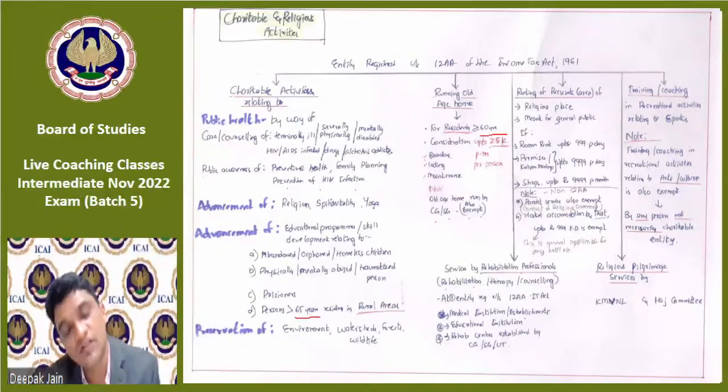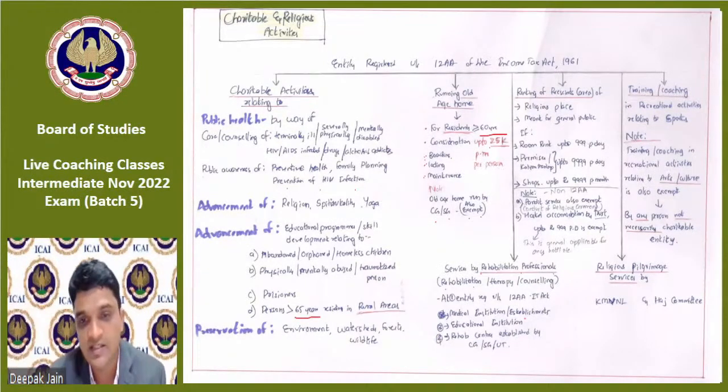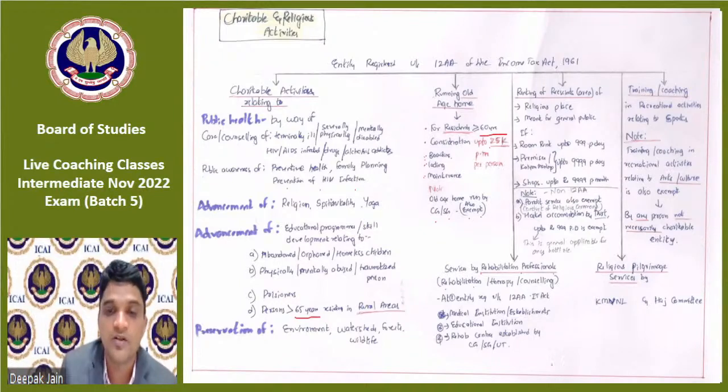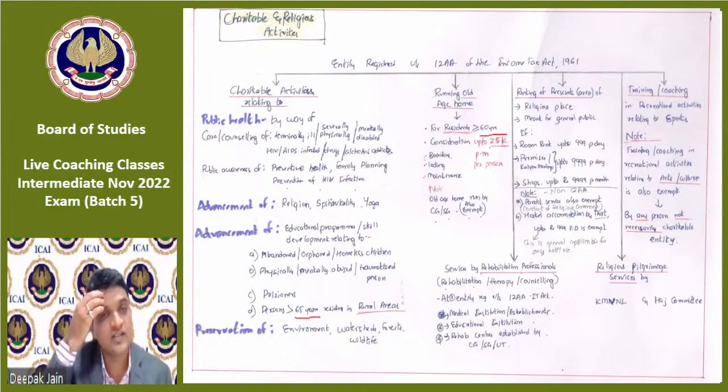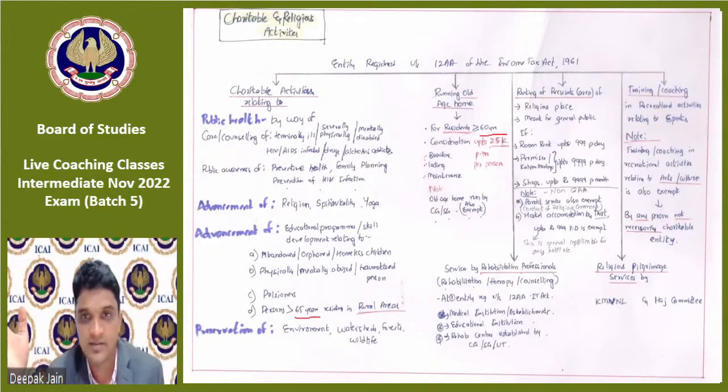So rehabilitation professionals providing services to private companies or private organizations is taxable. It is exempted only if they provide to these four places: entity registered under 12AA, medical institutions or educational institutions, or rehabilitation centers set up by the central government, state government, or the union territory. Only then it will be exempted. But if they provide services to a private company, then it will be taxable.